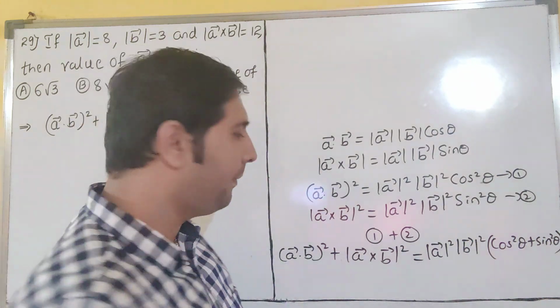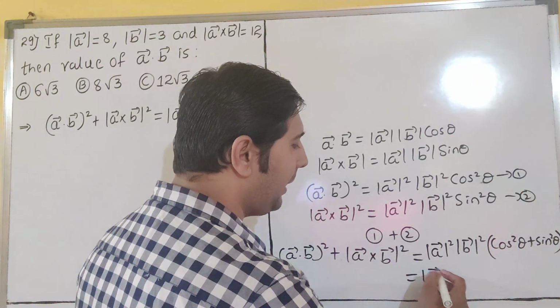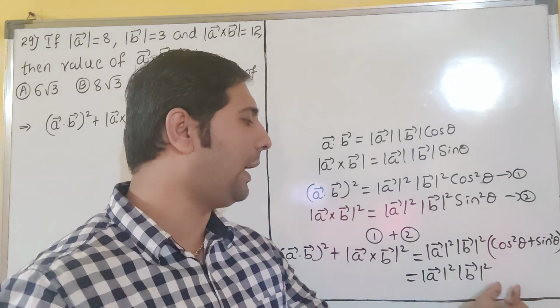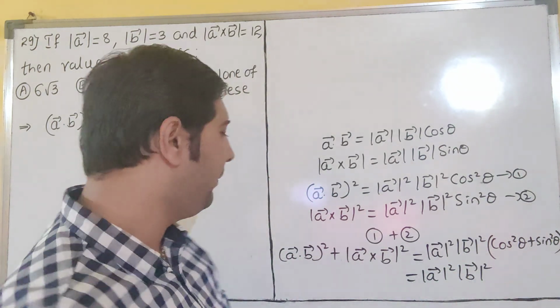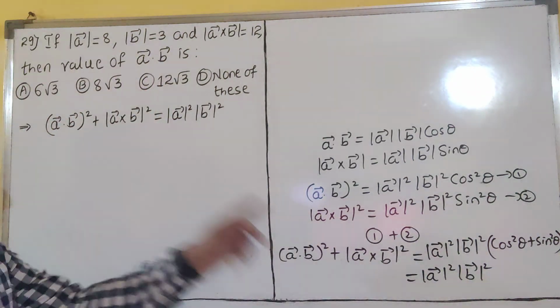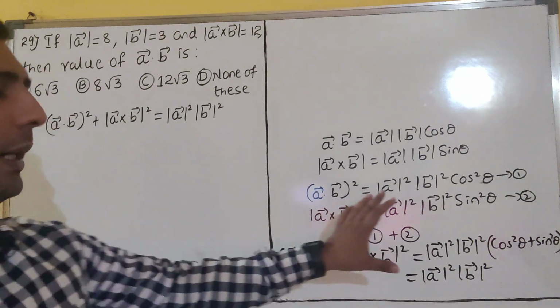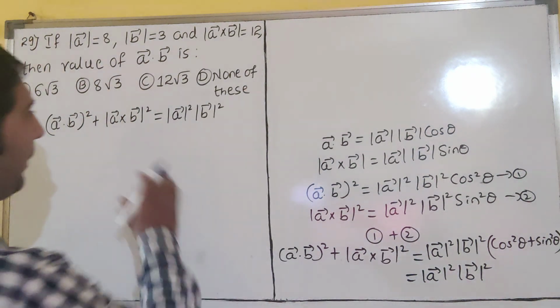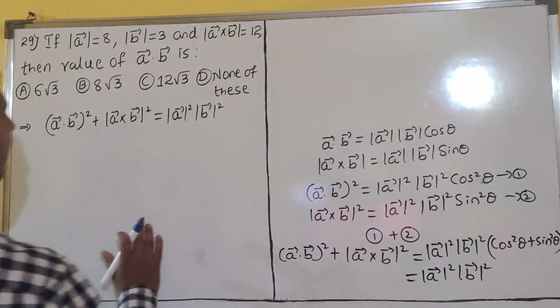That is 1. So what remains is magnitude of A square, magnitude of B square, into 1, which you may or may not write. So we got the formula. For your understanding I derived it, so next time I will write directly. Please don't get confused that time.